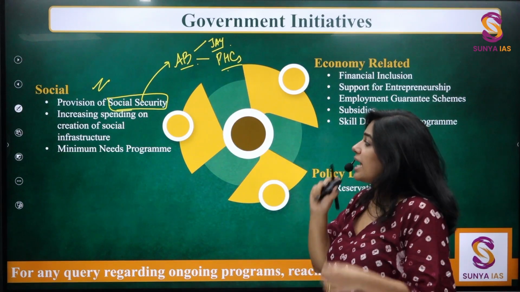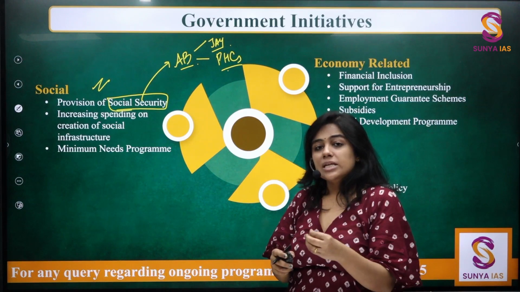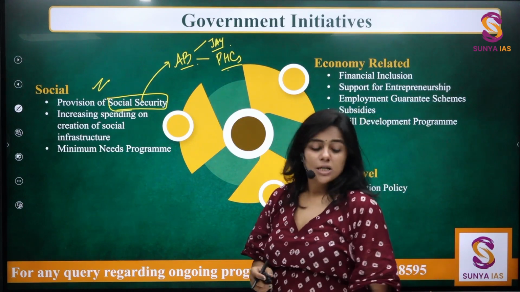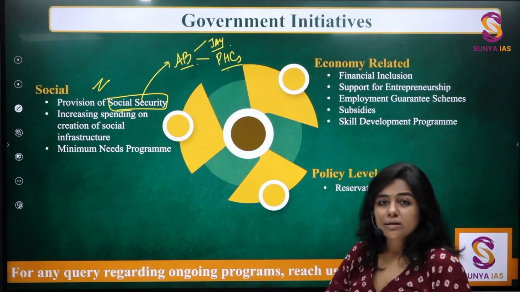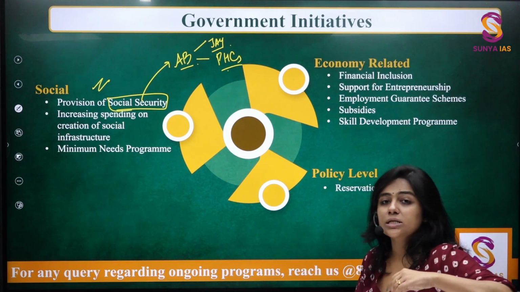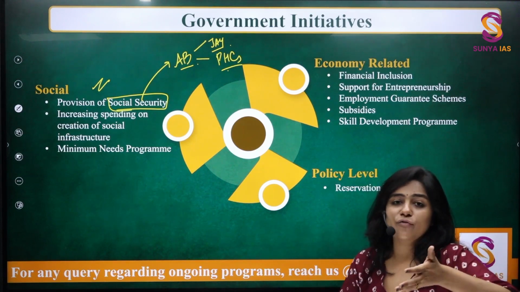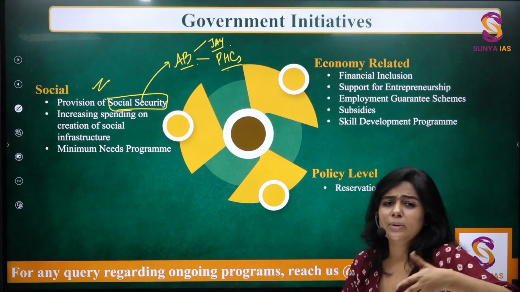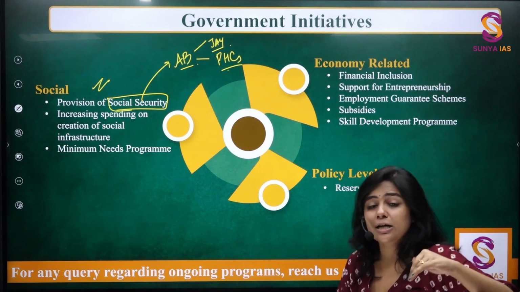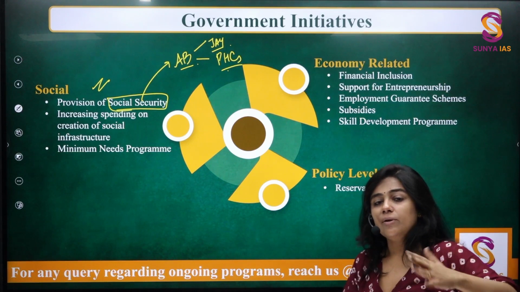So these kind of social security schemes, even as a poor person, if you get into an accident, you will not be on the mercy of politicians to announce grants for your family, to announce things for your family. You will be having a pension, you will be having an insurance that will provide for you.